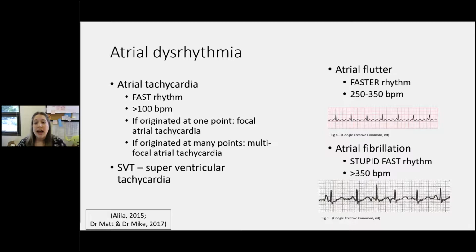This is recognized on the ECG by QRS waves and has a rhythm of over 100 beats per minute. These are known as SVTs, or supraventricular tachycardias.